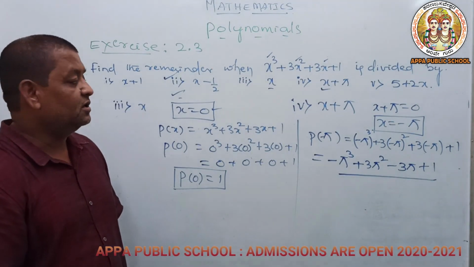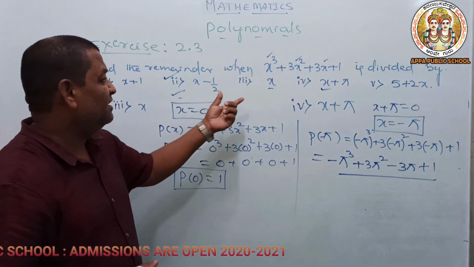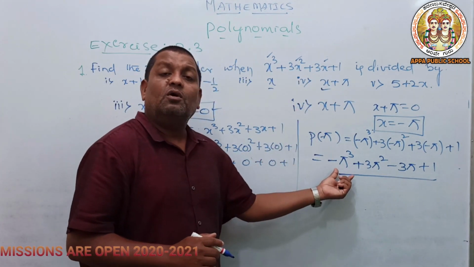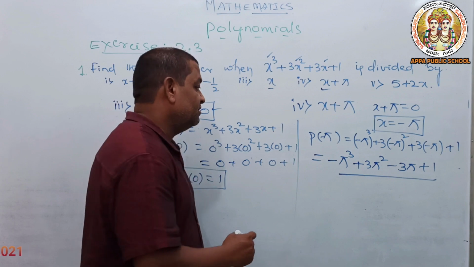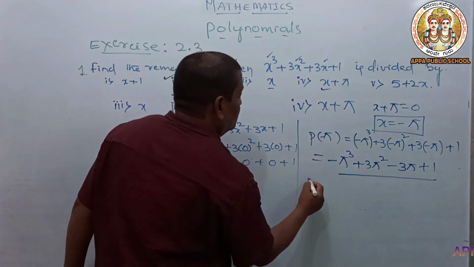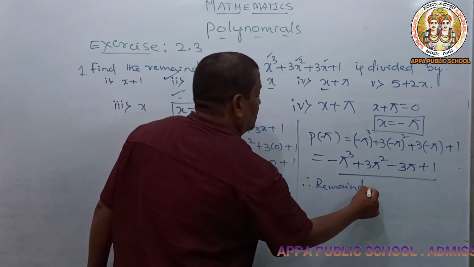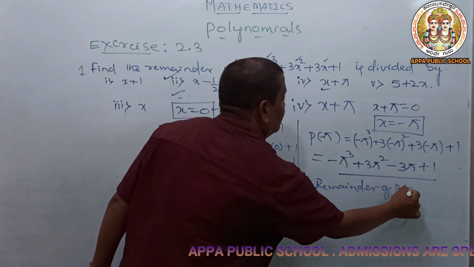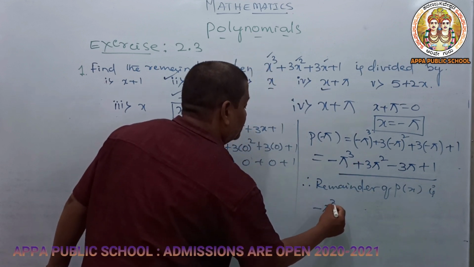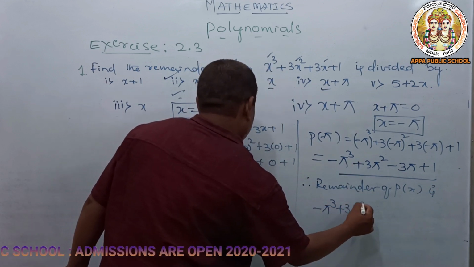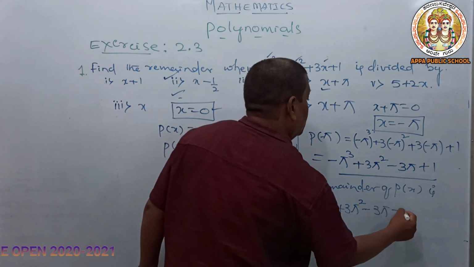So don't bother about the things, just take this as the remainder. No need to substitute the pi value or make it a burden. So he is asking for a remainder, then what we got, that much only is the remainder. So therefore the remainder of p of x is minus pi cube plus 3 pi square minus 3 pi plus 1.